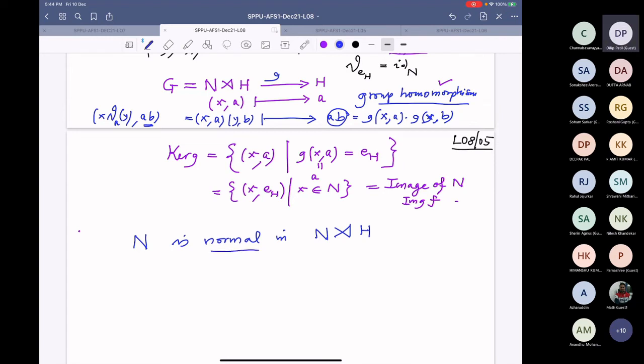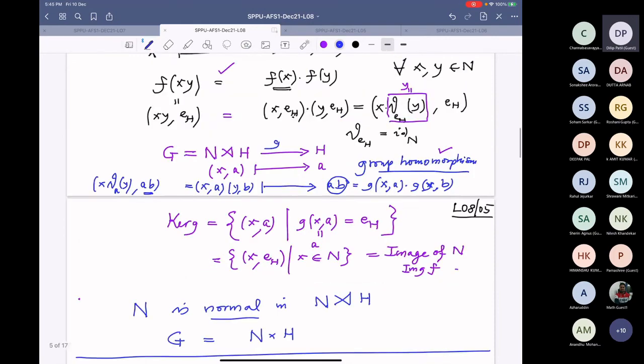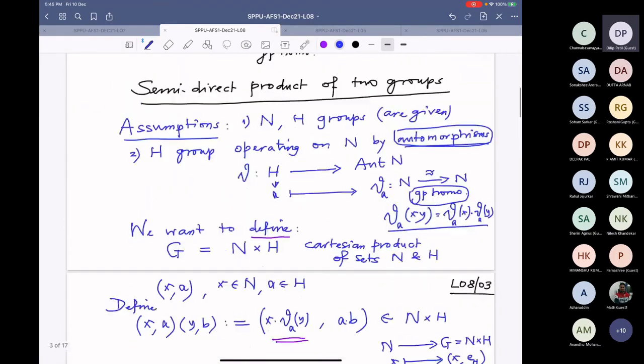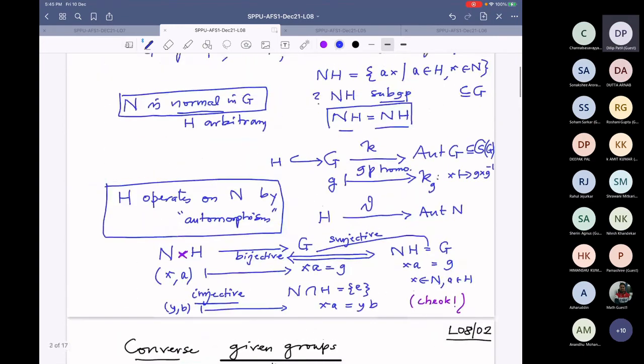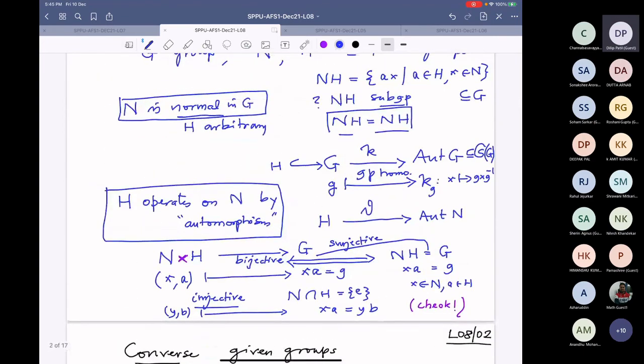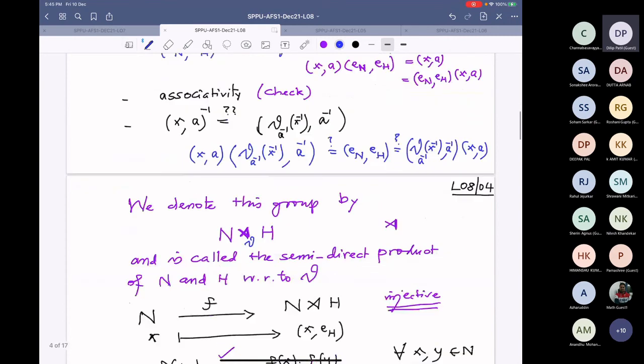And also we have checked that G is, as I said, N cross H. So that means we have decomposed this group G into two pieces, N and H. The first part is normal, and that has generalized the above construction of this product. All right. Now let us go on.